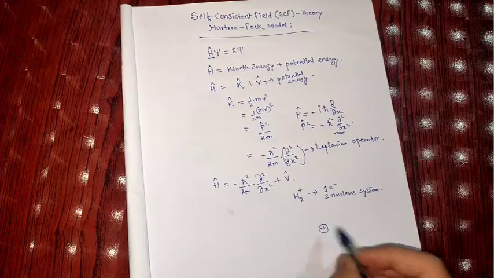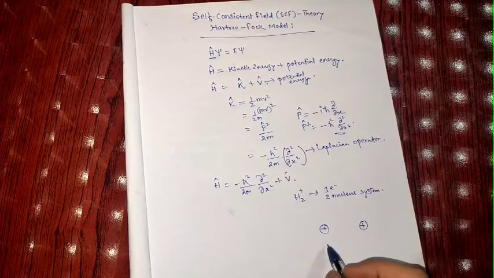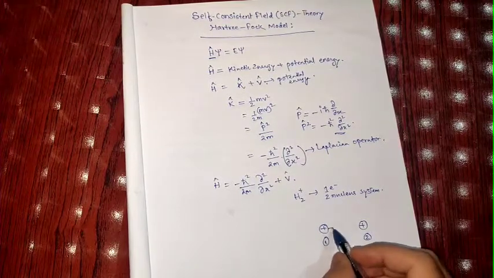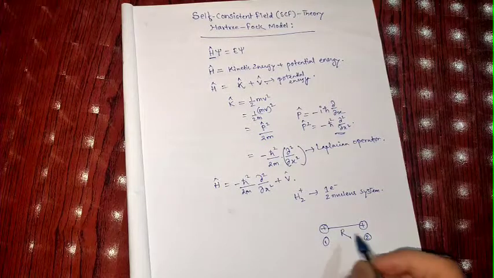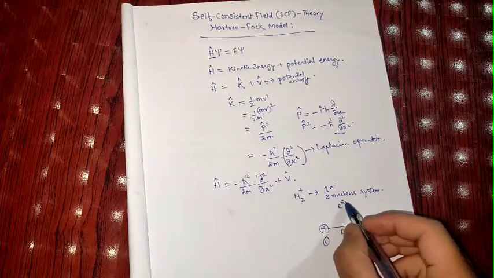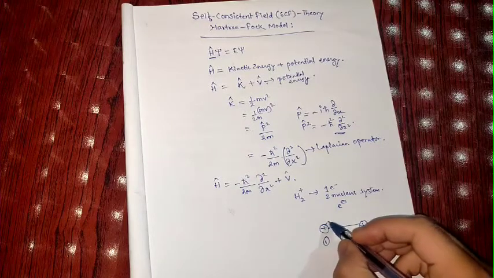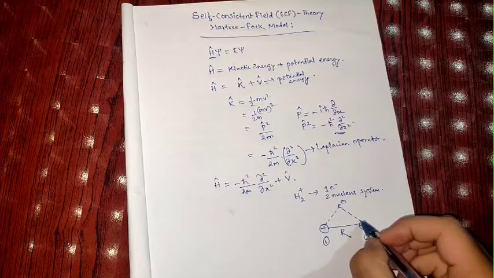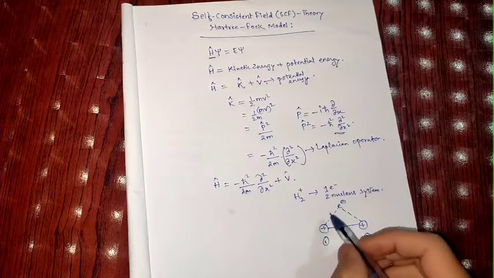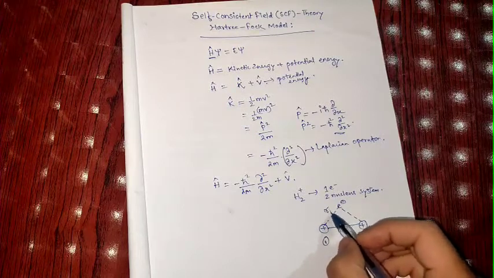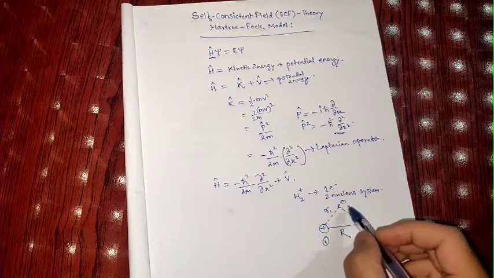Suppose this is nucleus 1, and this is nucleus 2, and they are separated by a distance capital R. Suppose here one electron is there, so there will be interaction between the electron and the nuclei. Suppose the distance between nucleus 1 and the electron is R1, and between nucleus 2 and the electron is R2.